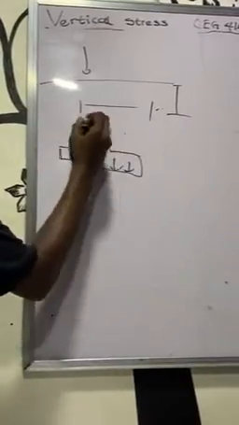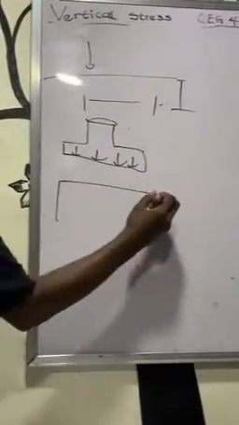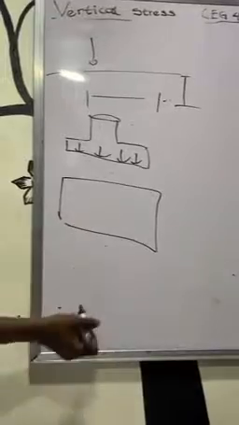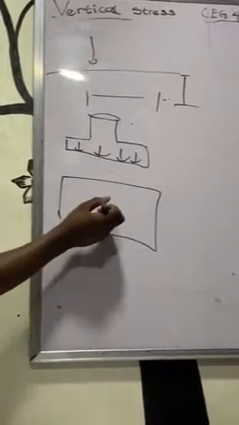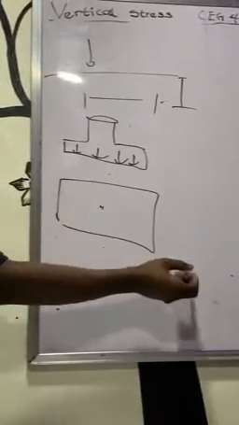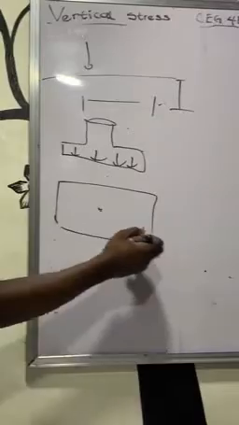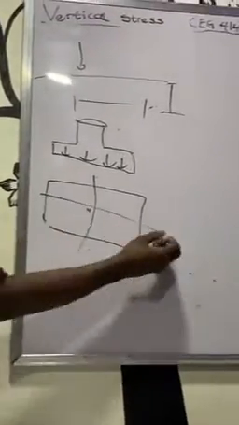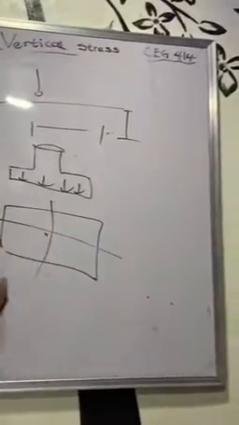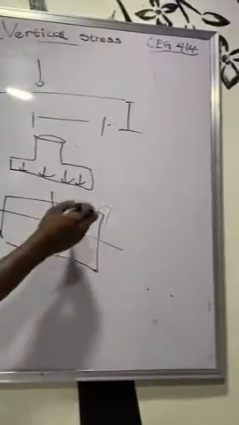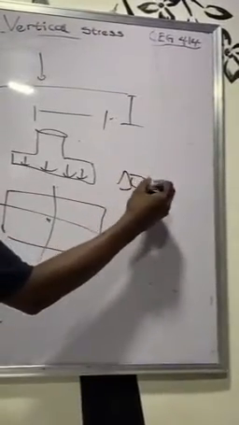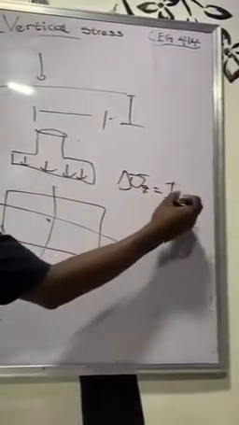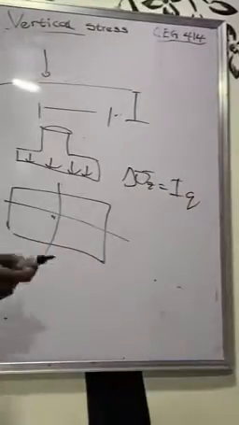This is the front view, something that looks like this. This is the plan, where you either choose the center, the edge, outside, any point. But the logic is you divide into rectangles. If they are equal, 4IQ. If they are not equal, just IQ. So our change in vertical stress is just IQ, depending on the question you are given.